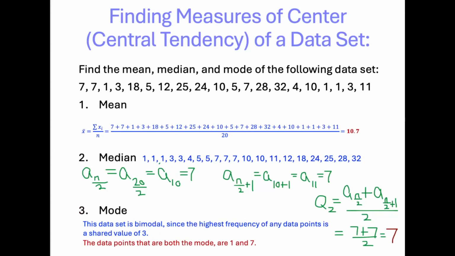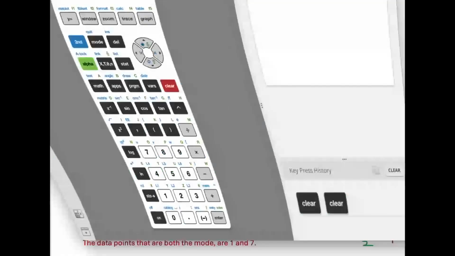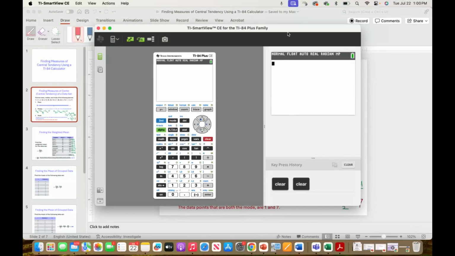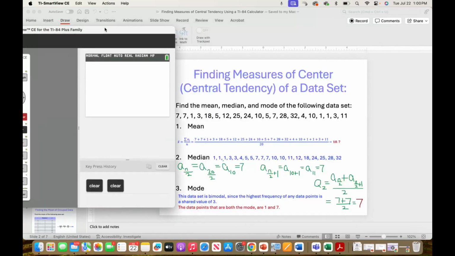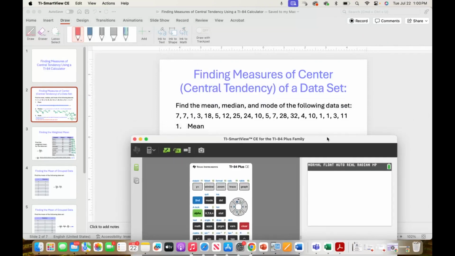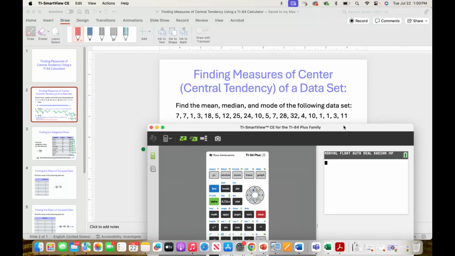Now let's look at how we do this in the calculator. So I'm going to go ahead and open up the calculator, and I'm going to put my data points in. So those are my data points up there.